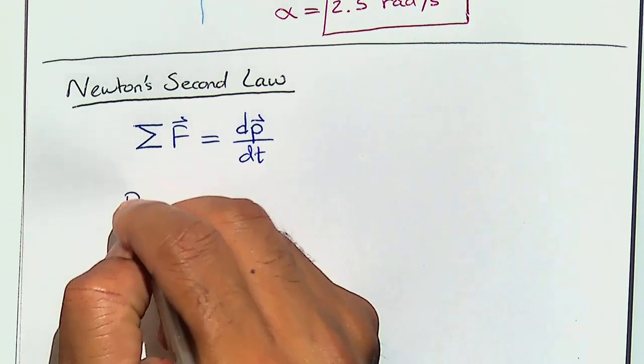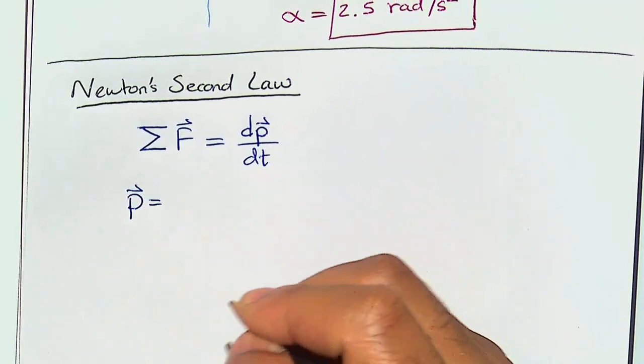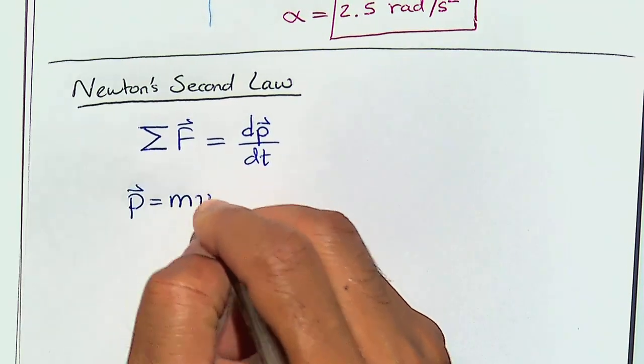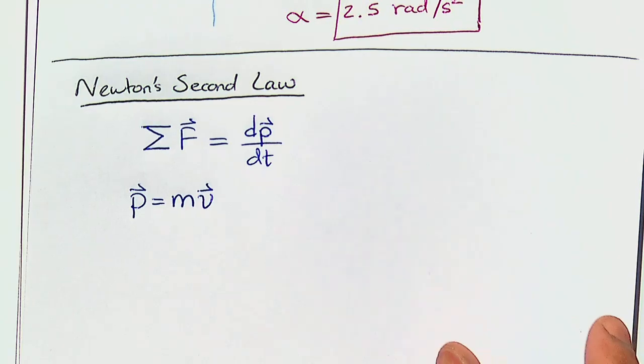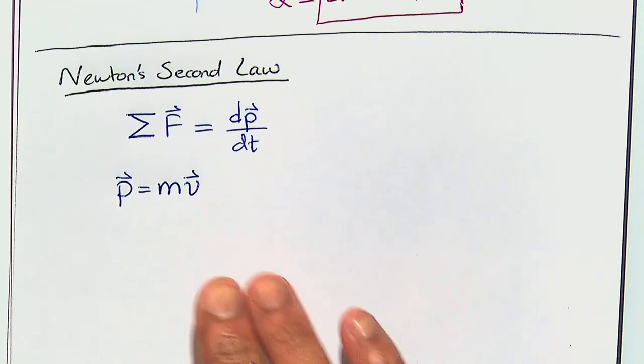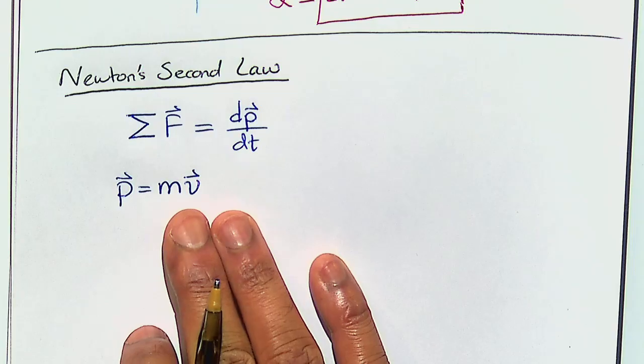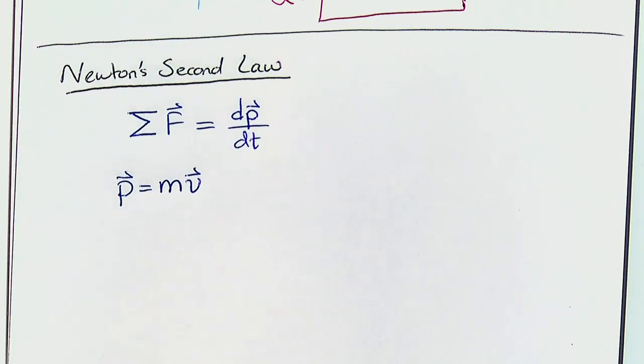And we said that momentum, more on that in a bit later in the class, is mass times velocity. It's a very important quantity that involves 2 ideas of physics: mass and velocity combined is what momentum is.